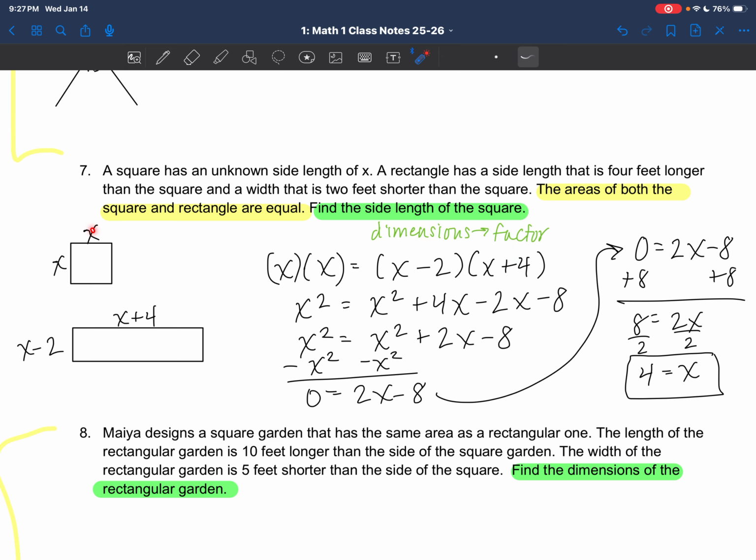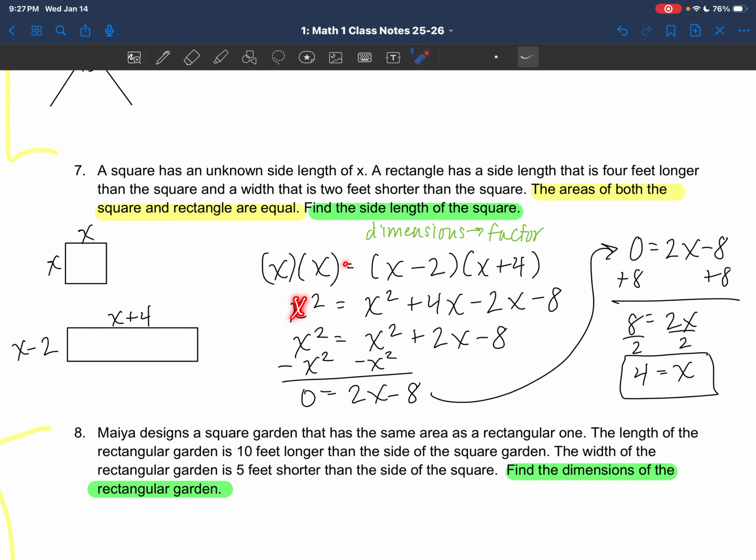So the area of this one is x times x, which gives you x squared. And then you're going to take these two and multiply that. So I got x squared, and we're equaling them to each other. And then now, x times x is x squared, 4x, negative 2x, minus 8. Combine like terms, and then bring the rest down.